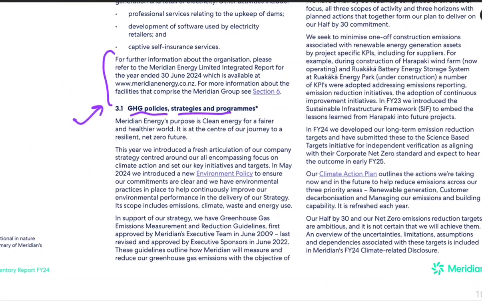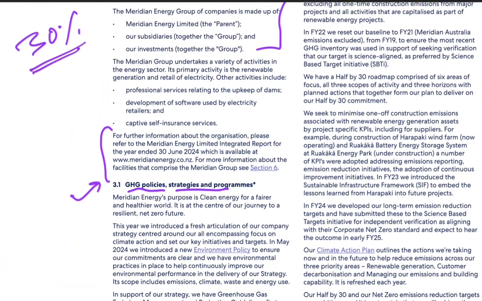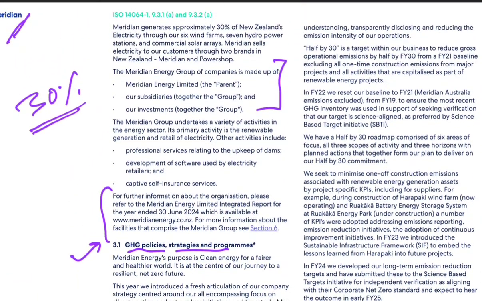It is well defined here, talking about the environmental policy, and the environmental emission measurement and reduction guidelines. And the role of the Meridian executive team, in the year they defined, June 2009. Also, there are certain guidelines on how they measure and reduce greenhouse gas emissions. Then there is a target set.